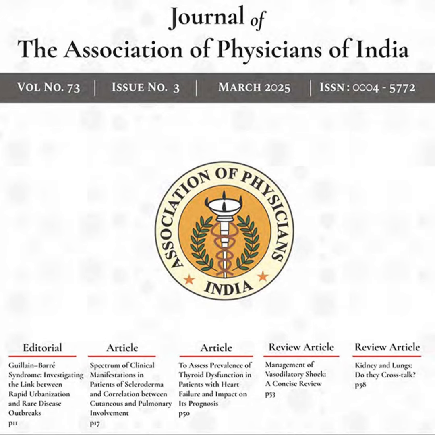Amongst the 180 patients included in the study, thyroid disorders were seen in 28.6% of patients, with 6.5% having hyperthyroidism and 22% hypothyroidism. Thyroid disorders were significantly associated with higher NYHA class 3-4, serum urea, serum creatinine, and lower hemoglobin levels.